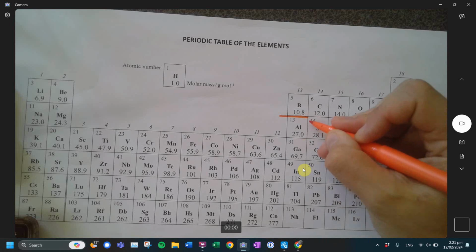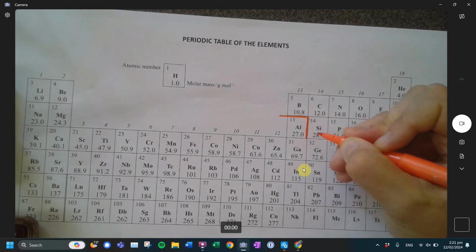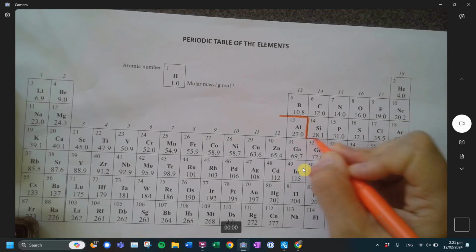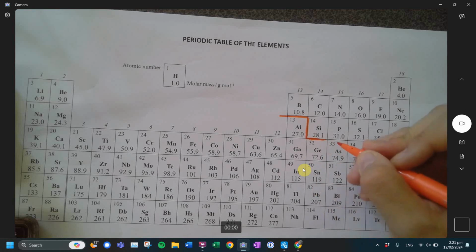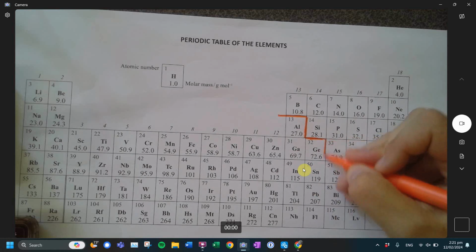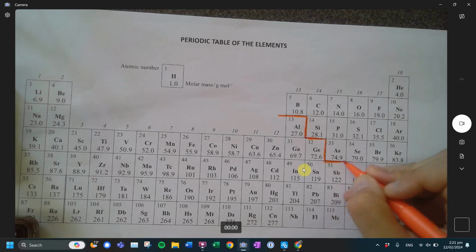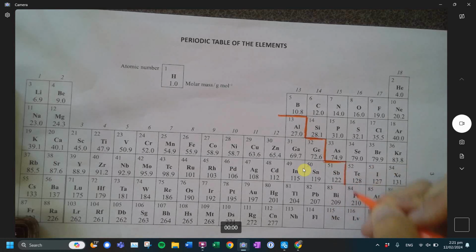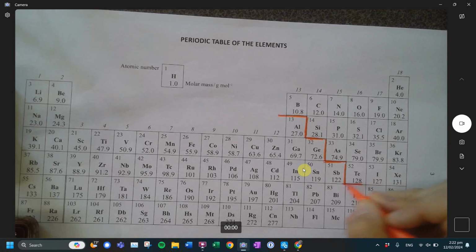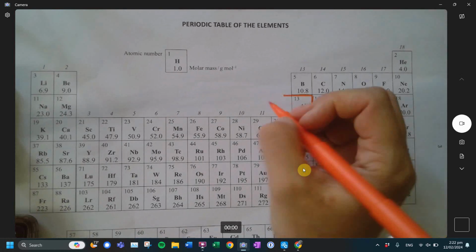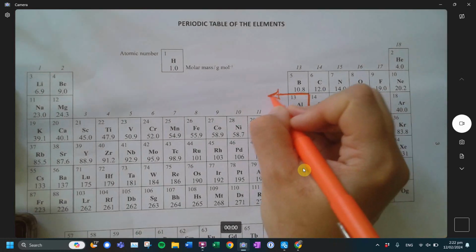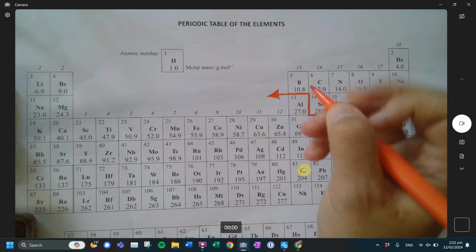There's a lot of elements on here that you're not going to have to worry about because they're not going to come up. Okay, so anything on this side of the periodic table will be your metals.